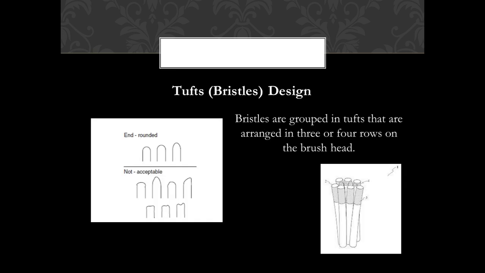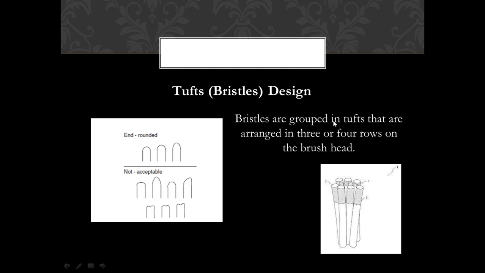So the tufts or the bristle design. Coming to the bristle design, these bristles are grouped in tufts. A single one is the bristle, and these bristles are made into tufts, and a lot of tufts will be there in the head of a toothbrush.